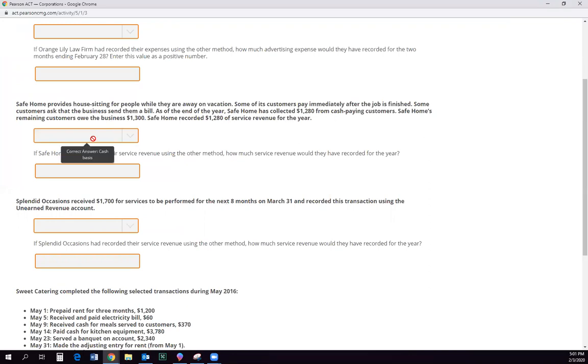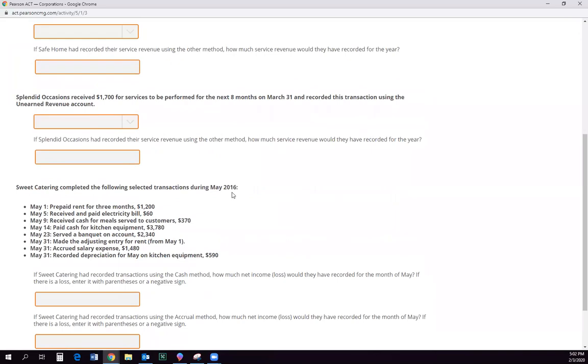So we're going to say they're using the cash method or the cash basis. And then it says if Safe Home recorded their service using the other method, how much revenue would they have recorded? And it would be all that they've earned, which is the $1,280 plus the $1,300. So $1,580, or I mean $2,580 would be the amount that they've actually earned.